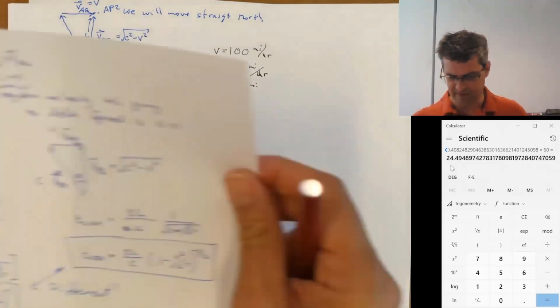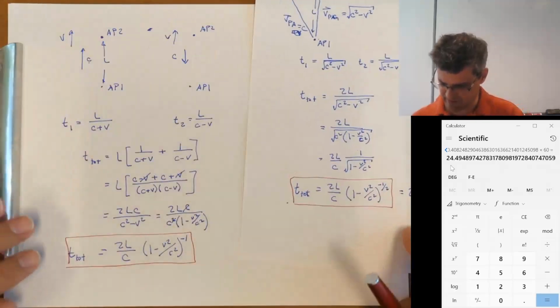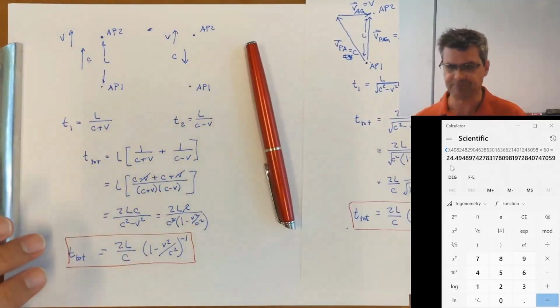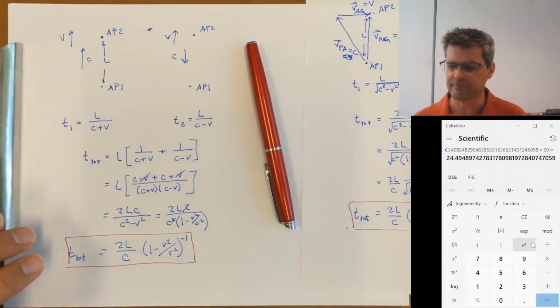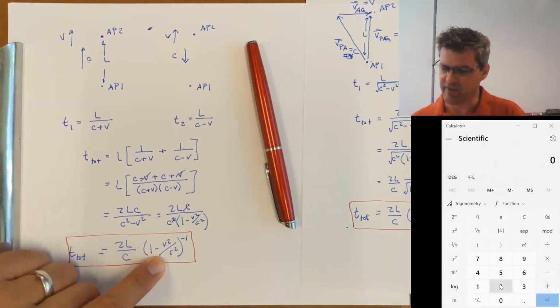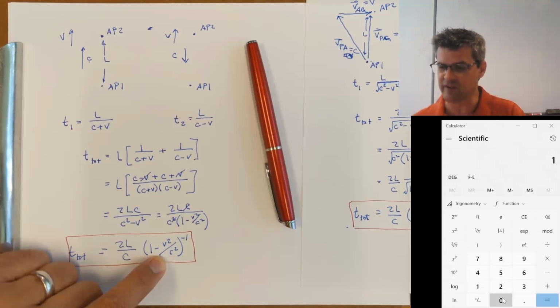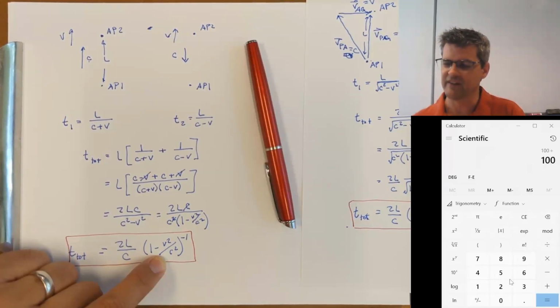Okay, let's do the same thing over here. This is the other one we have to do yet. So again, we have V squared over C squared, or V over C, quantity squared. So 100 divided by 500. This quantity needs to be squared.